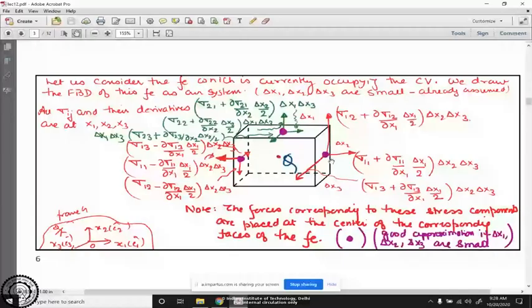And as I said, this approximation is very reasonable if these faces have small dimensions. If the face dimensions become large, this may not be accurate, putting equivalent concentrated forces on the centers.